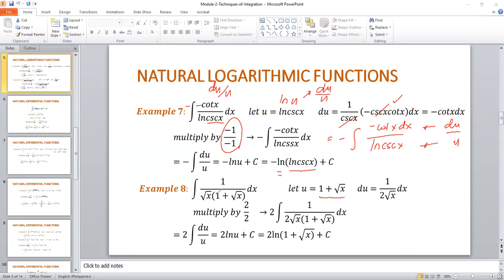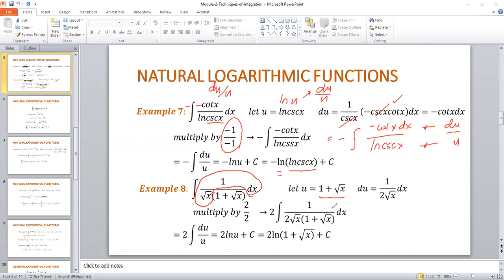Now, Miss Ali, what will we do with the dx over the square root of x here? Leave it for now. If you're just trying if a particular formula will work, you will check whether the u that you will assign to this one will yield a du that will be conforming to the remaining function that you have. This is your remaining function.